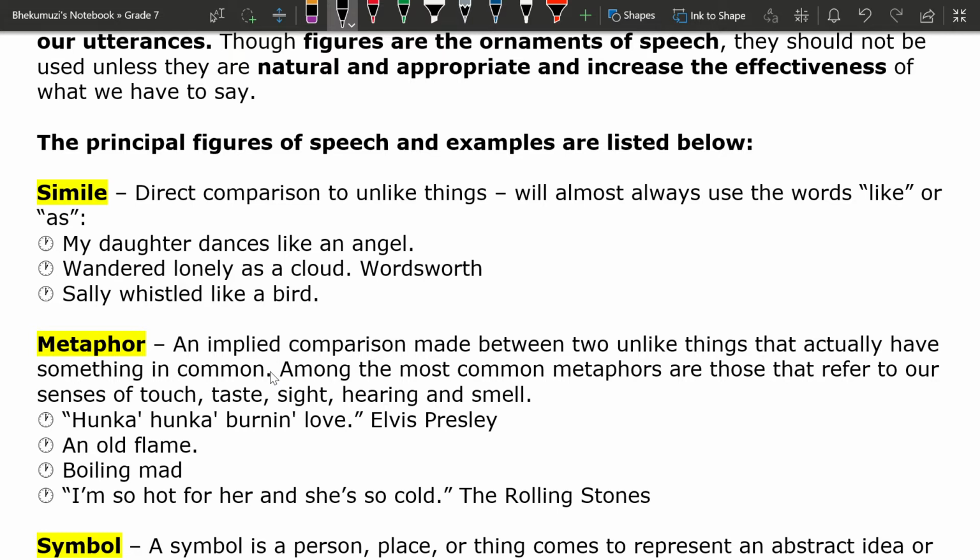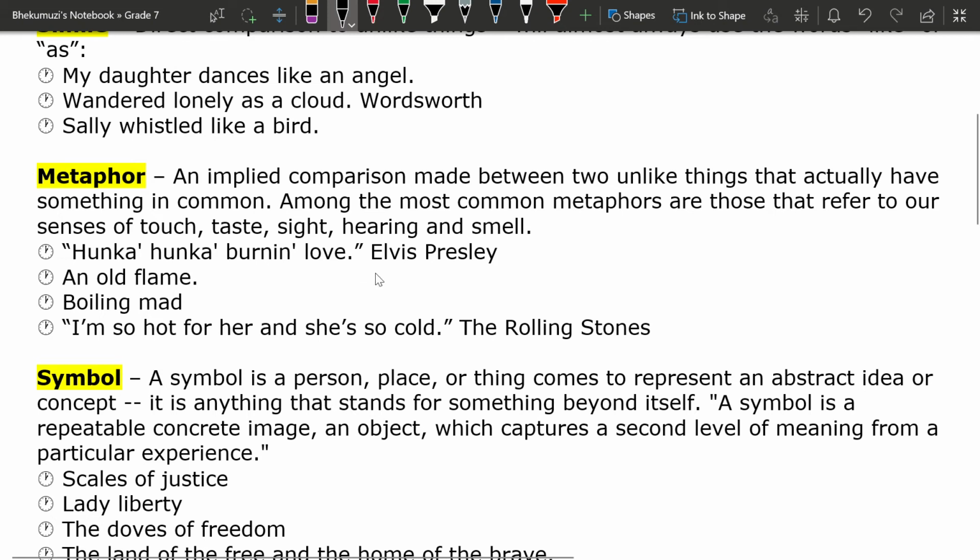Okay. And then we also have what we call a metaphor, right? A metaphor is an implied comparison. Now, you see what they're saying. It's an implied comparison made between two unlike things that actually have something in common, right?